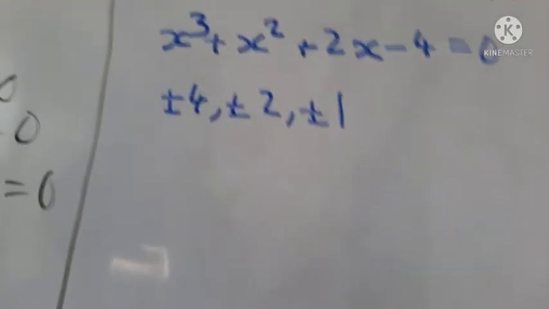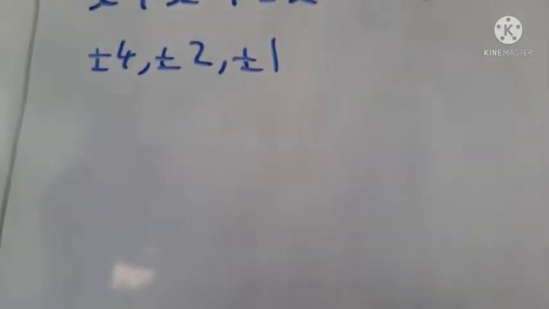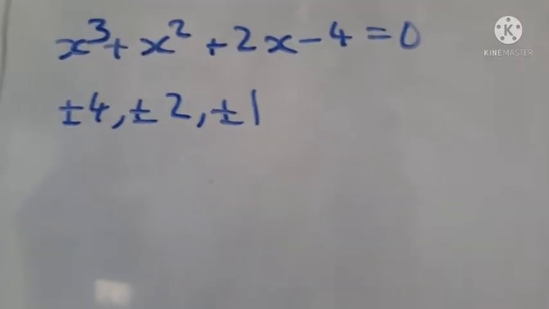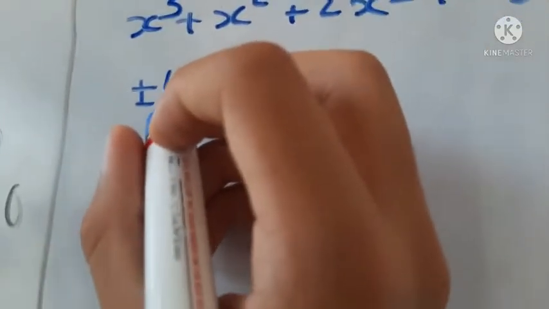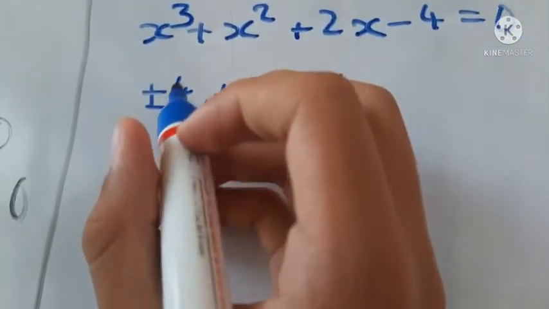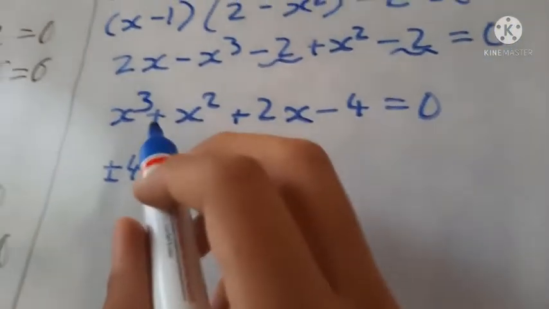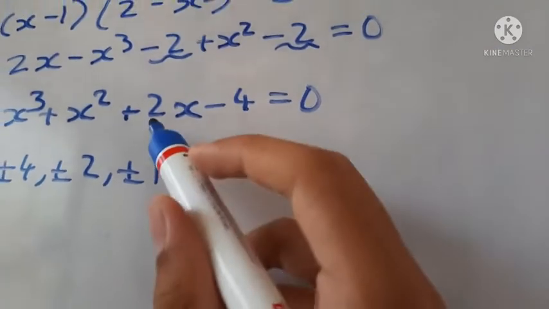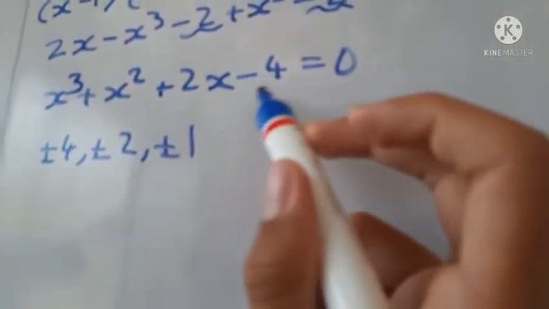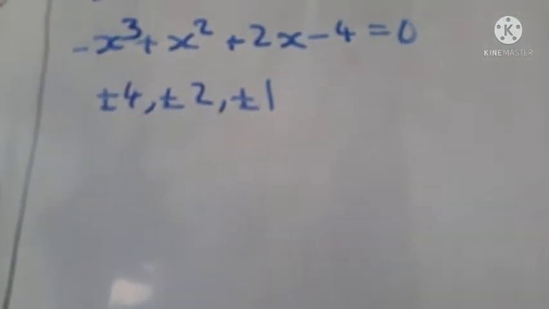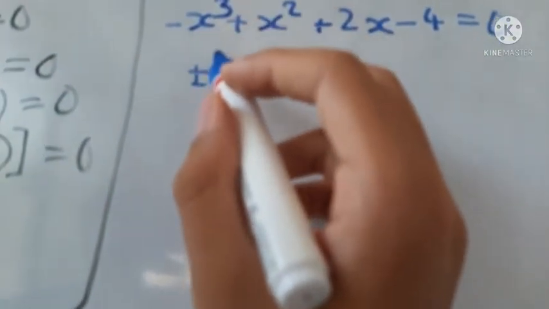Okay, let's quickly check. For plus 4, well, let's mentally check. We have 64 plus 16 plus, okay, that's surely not going to be 0. Let's check for minus 4. Wait, oh yeah, there's a minus x cubed. So it's minus 64 for plus 4.